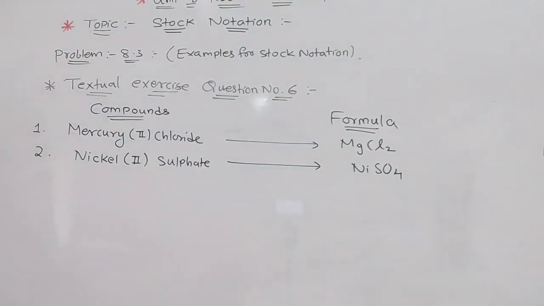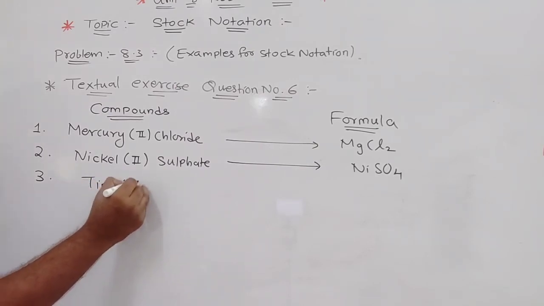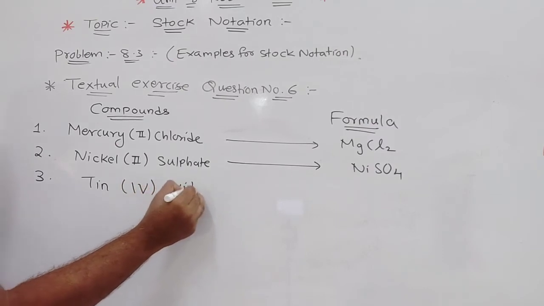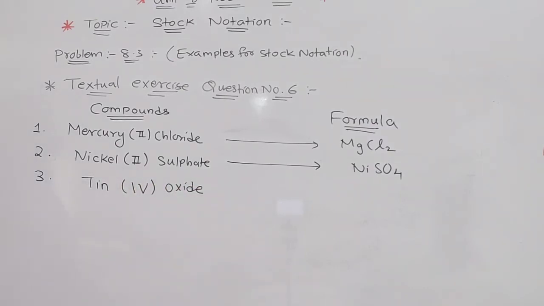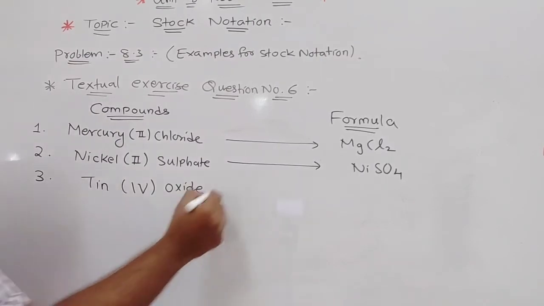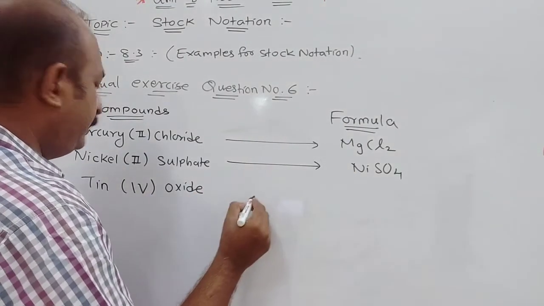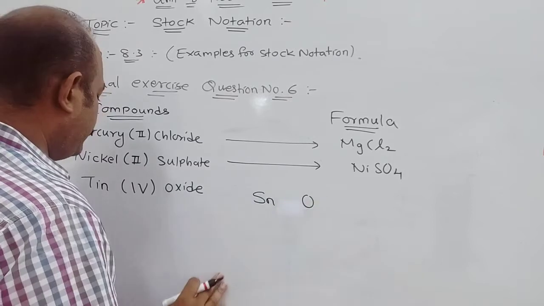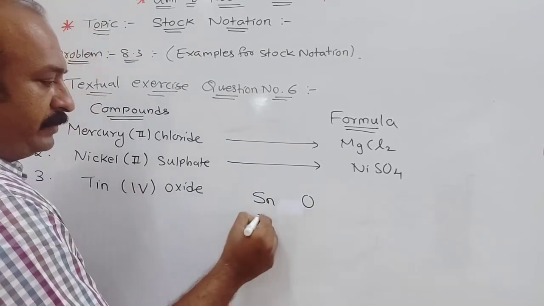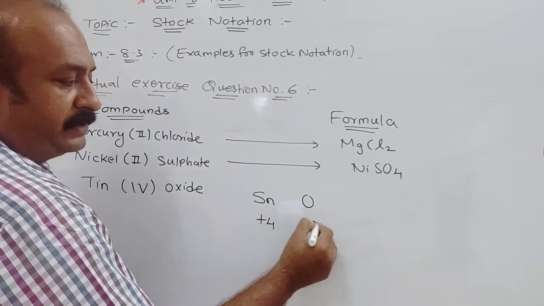The third example, what is given? Third one, what do we say here? It is tin 4 oxide. Understood this? Now when I write tin 4 oxide, you will see tin means Sn and oxide means O. So Sn is already given +4 and oxygen we know is -2.